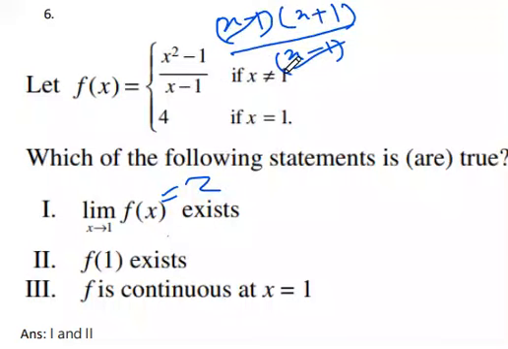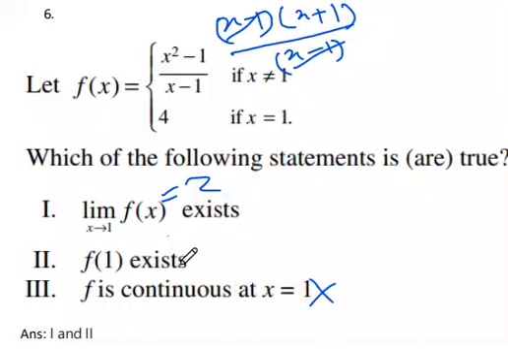As x approaches 1, 1 plus x approaches 2. That's why this value is not equal to the functional value. The functional value is 4, therefore f is not continuous at 1.